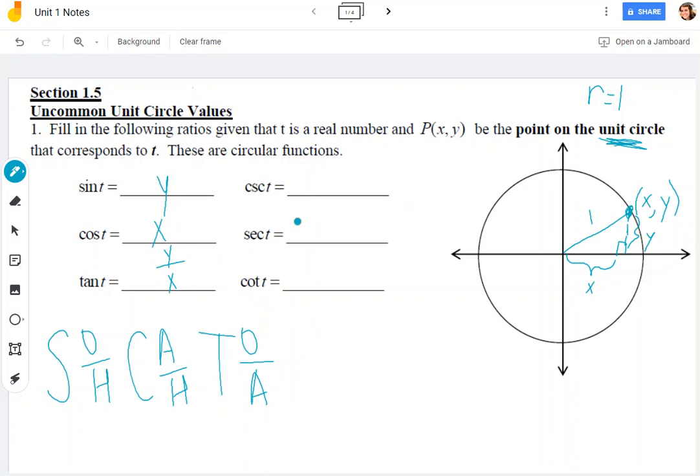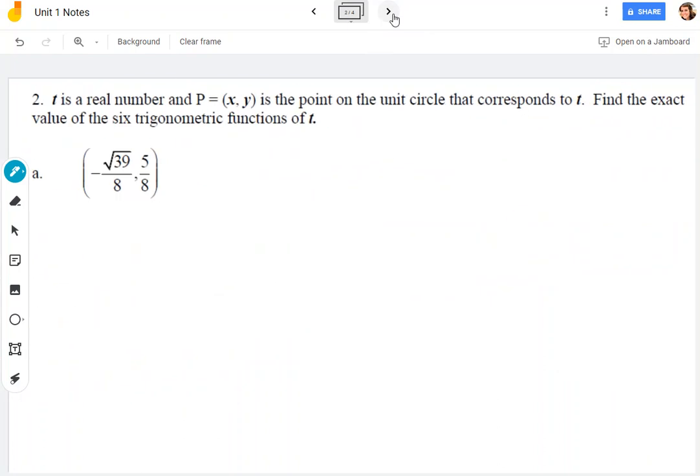And then our other functions are just our inverses. So cosecant is 1 over y, secant is the inverse of cosine, so 1 over x, and then cotangent is x over y. So we're going to use these values to help us find the trig values of this point.